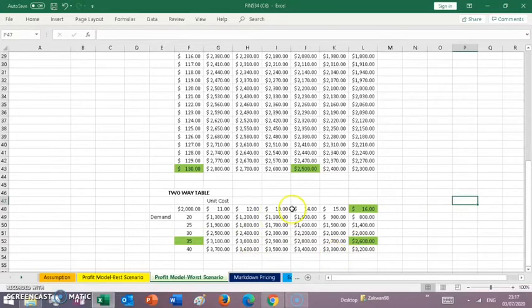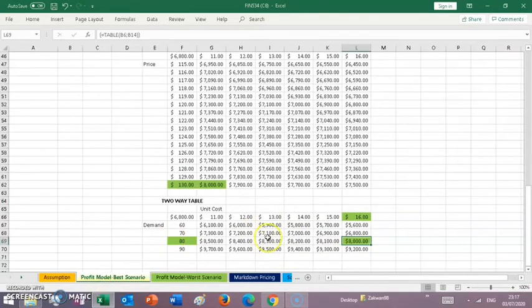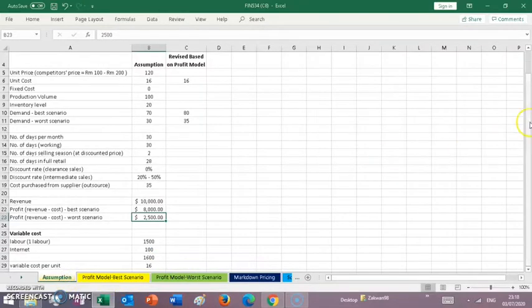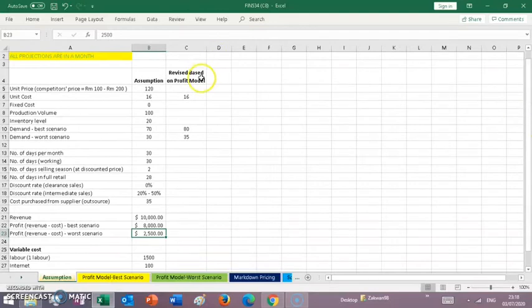Okay, I choose this for worst scenario, and best scenario I choose the same test also with the worst scenario. I choose change the demand to 80. Okay, revise from the profit model.